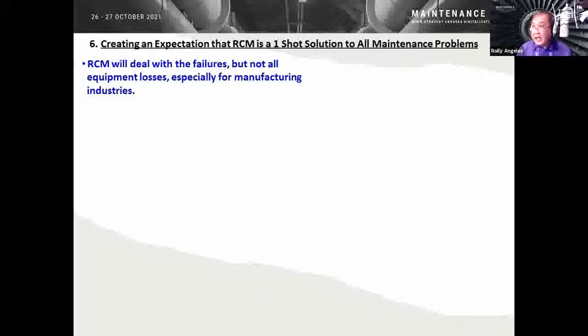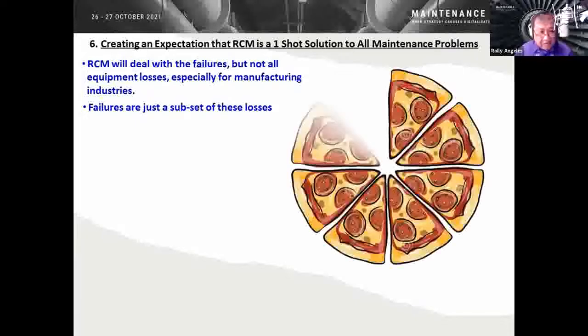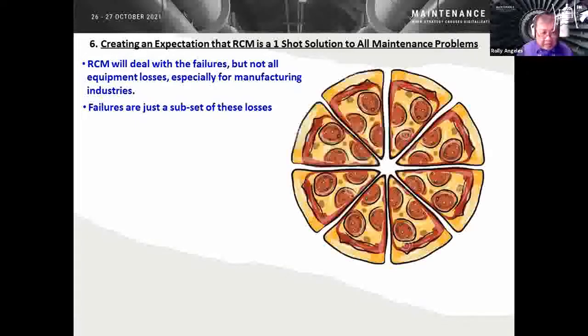Now, if I may explain this in the simplest way I can, okay? Failures are simply part of the losses. Meaning losses are the bigger problem, and failure is just one of them. So, if it's a Friday or TGIF and you and your friends want to go and eat a pizza pie, usually when we order, the pizza pie will be cut in 8 pieces.